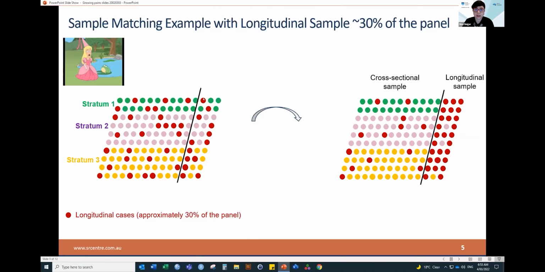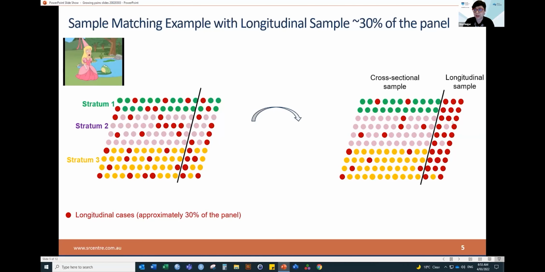If you do that, and the red dots on this picture represent the long-term or longitudinal respondents that we want to track over time, you would have 30% of them in the sample and 70% outside of the longitudinal sample, assuming 30% is your longitudinal requirement.